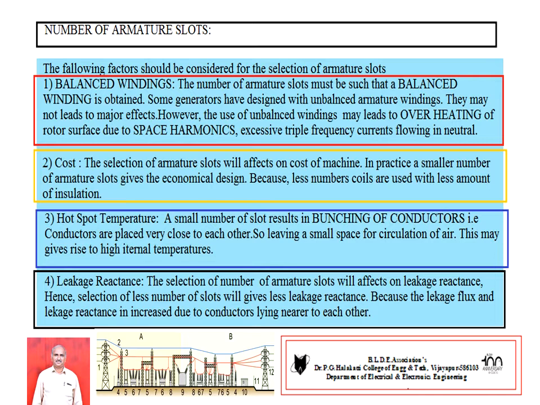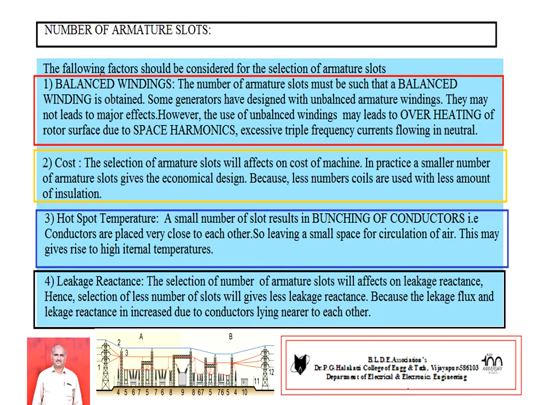Leakage reactance. Next, very important is leakage reactance. The selection of number of armature slots will affect the leakage reactance. Hence the selection of fewer slots will give less leakage reactance.